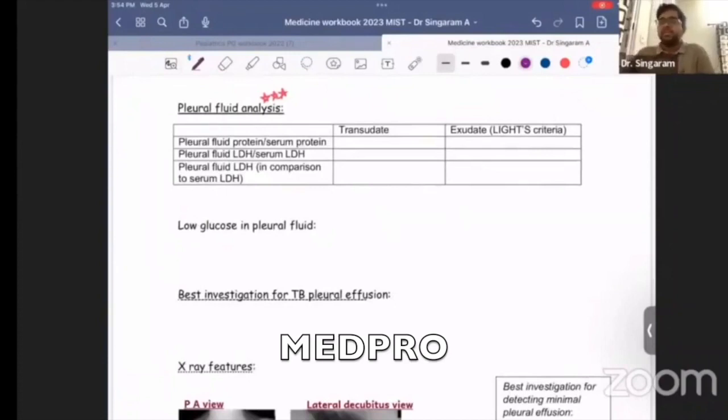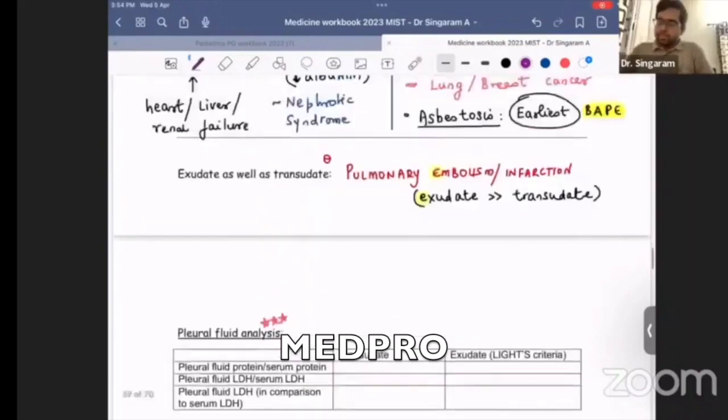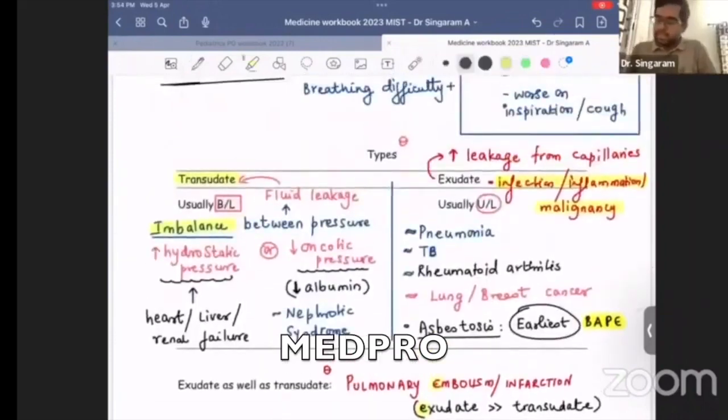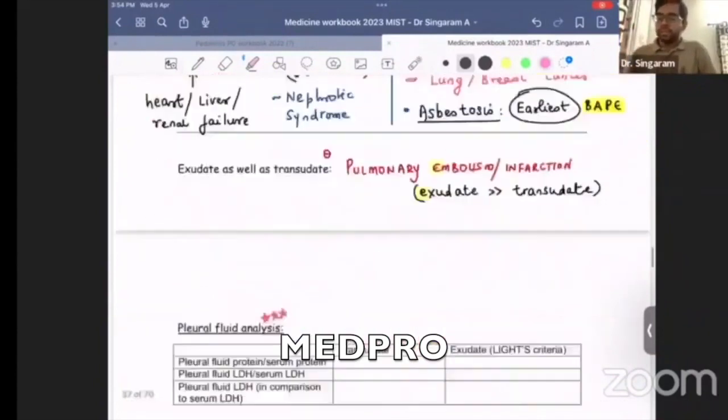See, first I will tell you for exudate because that is easy for me to explain. What is an exudate? I told you basically it's an increased leakage situation, right? It's an increased leakage from the capillary. So what is getting leaked? Fluid is getting leaked. That is why you are getting effusion. And in that fluid, a lot of LDH will be there and a lot of protein also will be leaked. So what will happen?